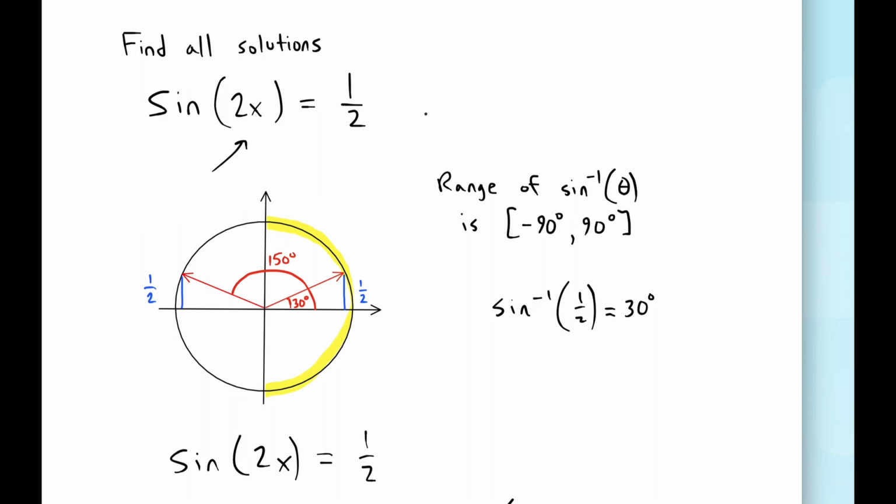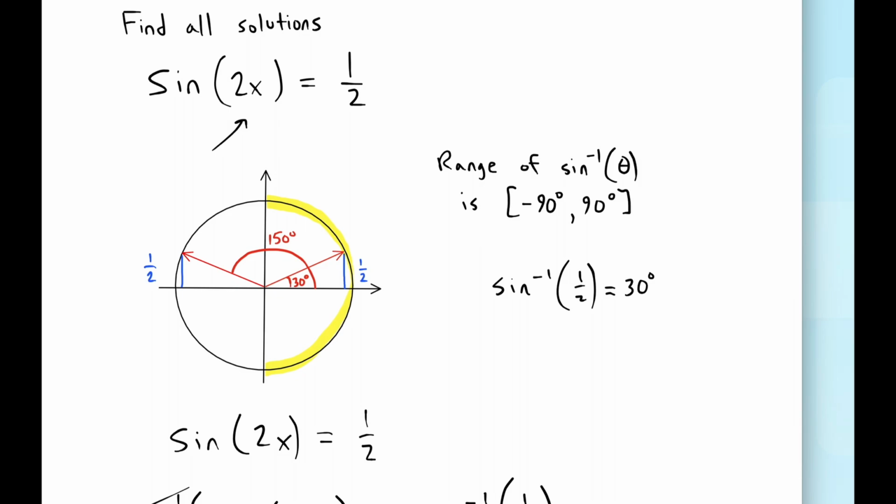So what would that other angle be? Well, let's see. So 15 degrees would look like this, approximately. So if x was 15 degrees, that would work, because we'd be doing the sine of 30. So now I have to see what else could work.